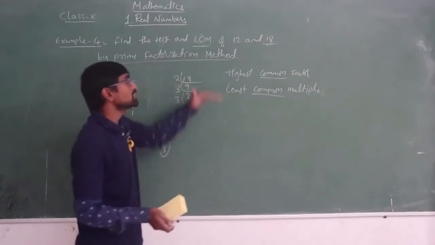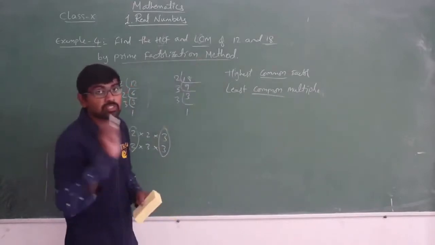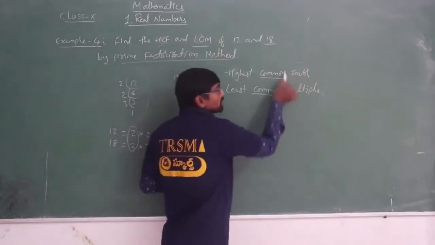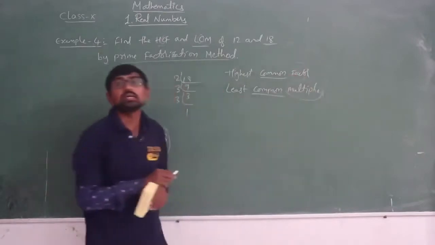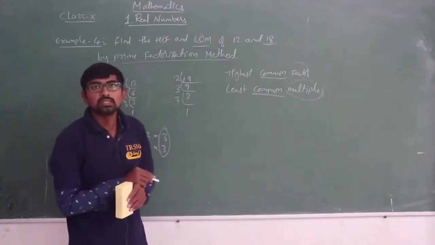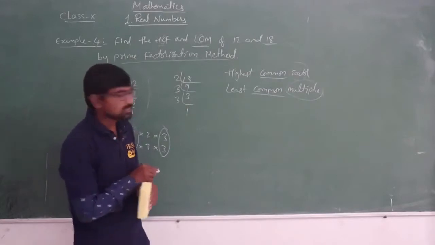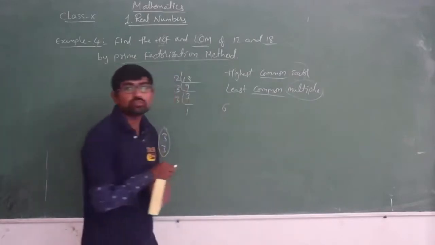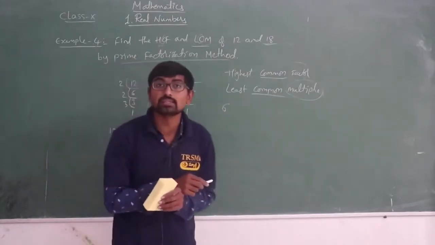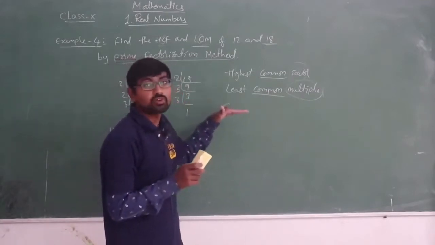Before knowing the difference between HCF, highest common factor, and least common multiple, first you need to know about factors. What are the factors and what are the multiples? If I ask you to write two factors of 6, what are the factors?